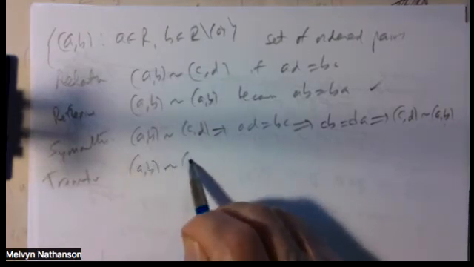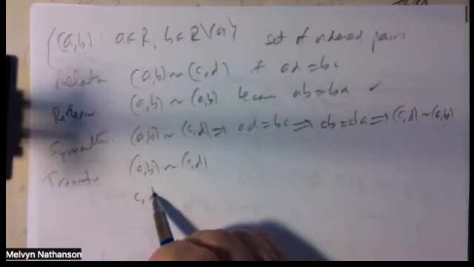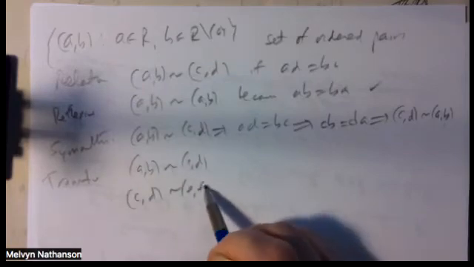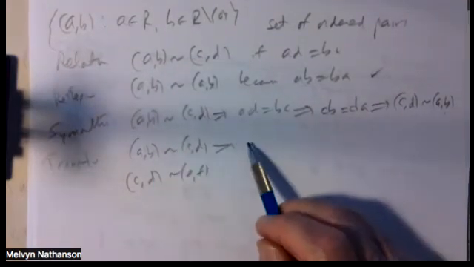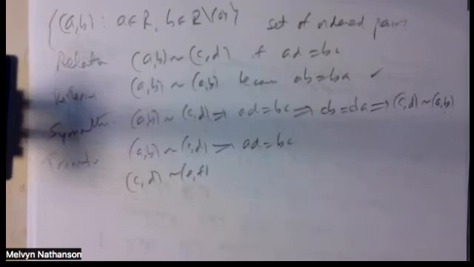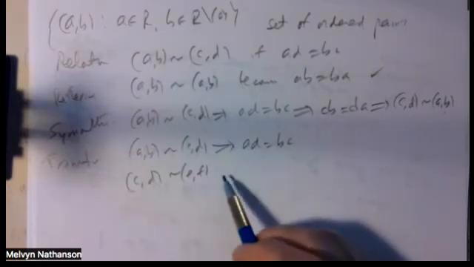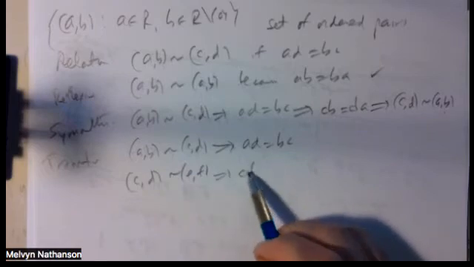And if AB is related to CD and CD is related to EF, this means what? So this is a little bit trickier. If AB is related to CD, AD equals BC. And if CD is related to EF, that means CF is equal to DE.